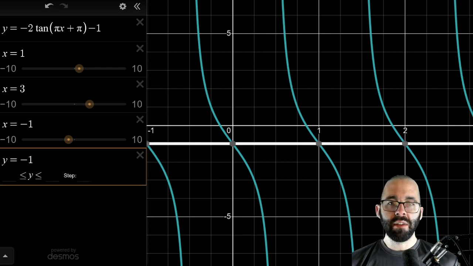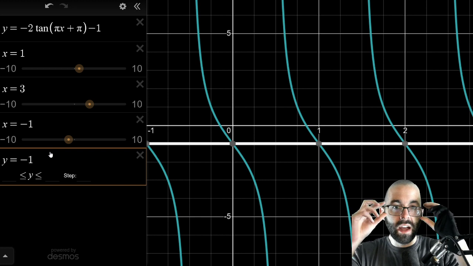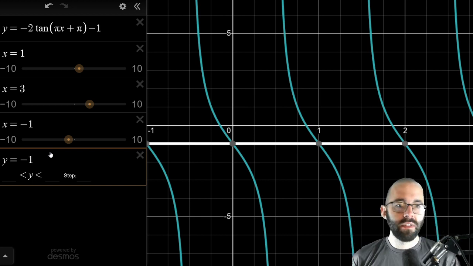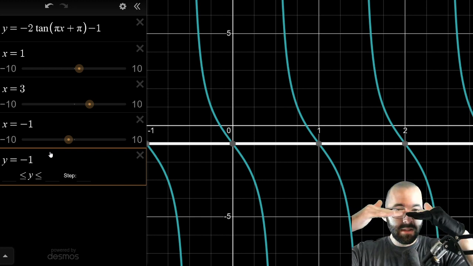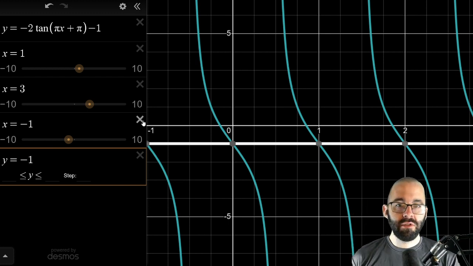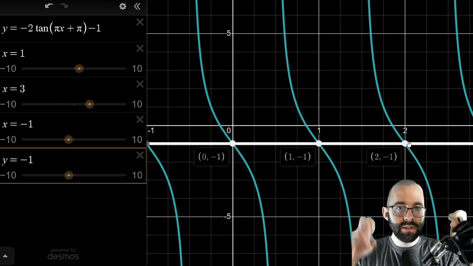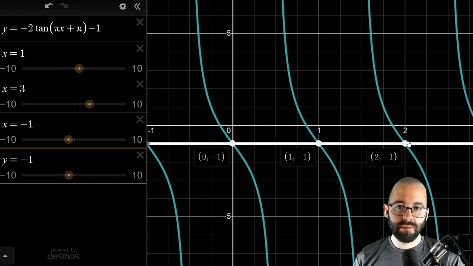Like before we would graph the midline, this is our middle. Okay, this is the middle of our graph. Middle used to be the x-axis, but now we can think about this as our kind of new x-axis in a sense. And now these points right here, these are the actual middles of each tangent.